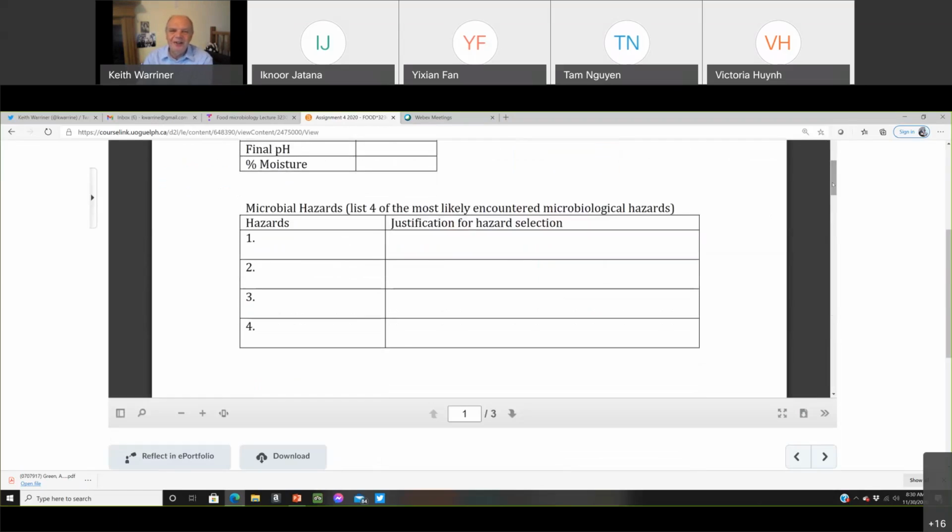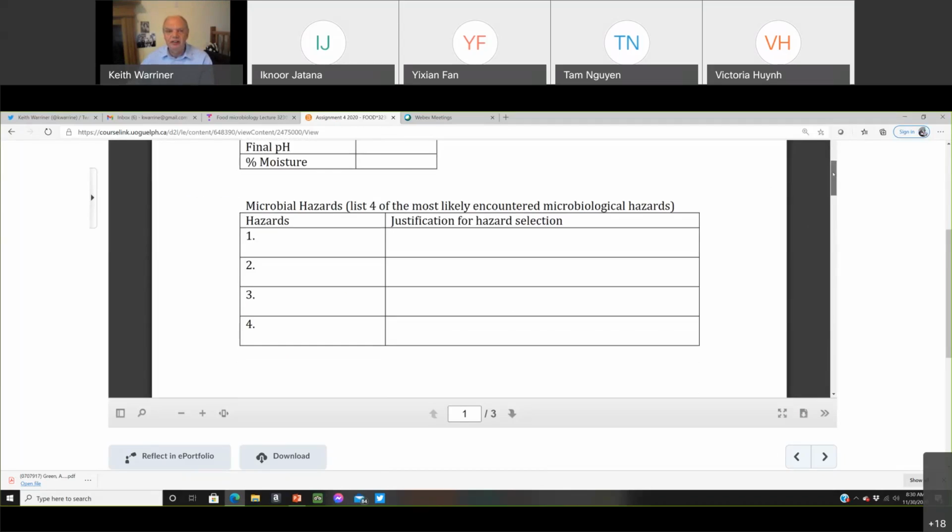So just think about the microbial hazard. I'll give you a clue then: think about what could be linked to the raw material and also what can be acquired from the processing environment. I won't tell the answer because, like I said, I'll spoil the surprise.